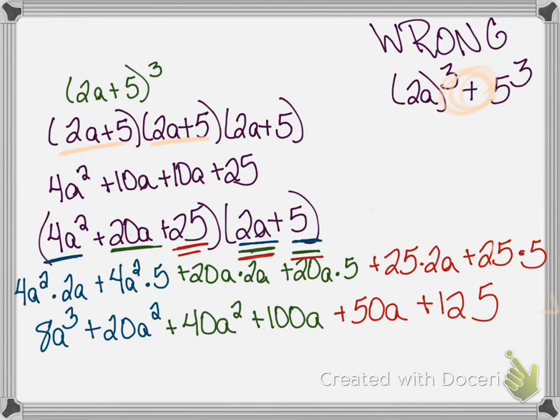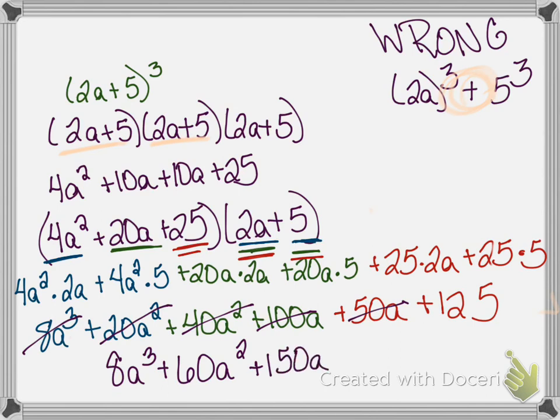Then our last step is to simplify all this. I don't have anything to combine with a to the third, so I'm just left with 8a to the third. No like terms. Then I have 20a squared and 40a squared, so I'm left with 60a squared. Then 100a and 50a. Okay?